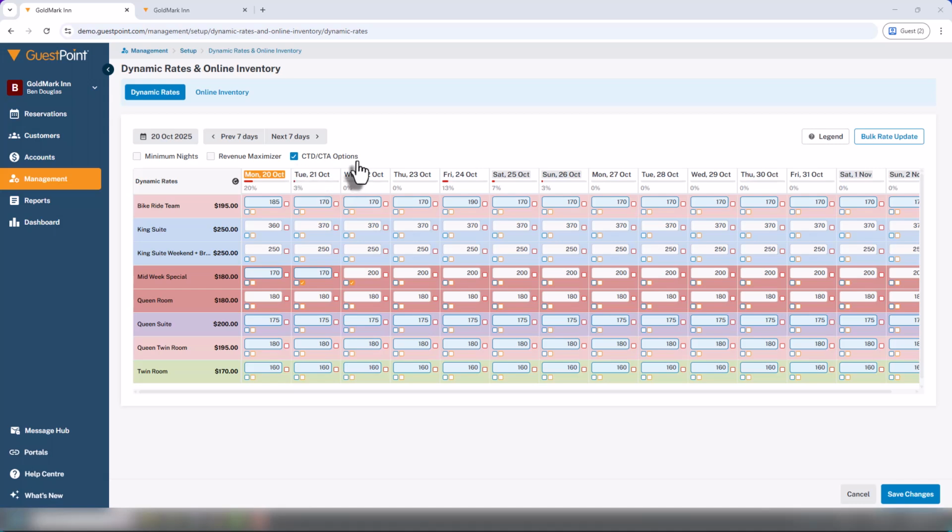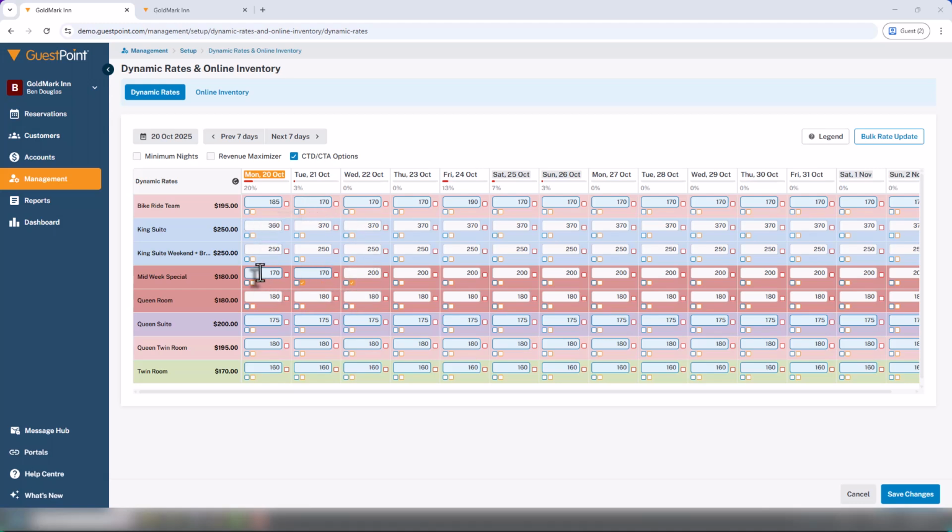So for example, we've got the midweek special, and it's a bit cheaper than the other rate. If we have a motel that on Tuesday, Wednesday, we're nearly always sold out, we might restrict this midweek special. We might say you can't depart on Tuesday, Wednesday.